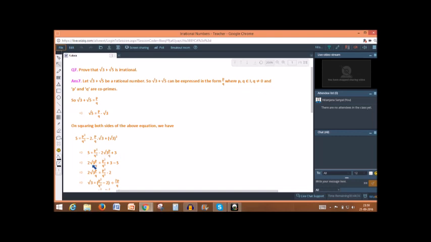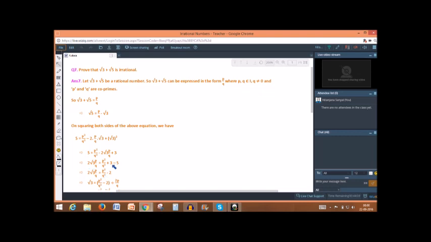So we have 2 root 3 p by q equal to p square by q square plus 3 minus 5. Since 5 is taken to the right hand side of the equal to sign, its sign gets changed. It was initially a plus sign. Now it has become a minus sign.